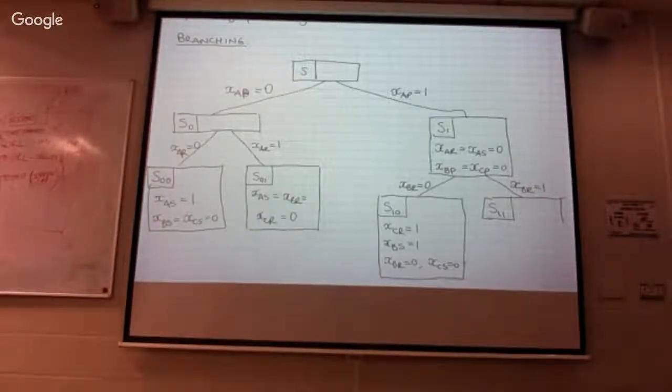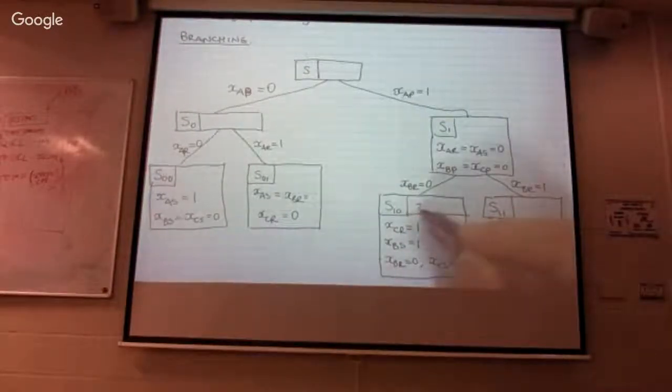And so you can now work out what the value of the objective is in this case.